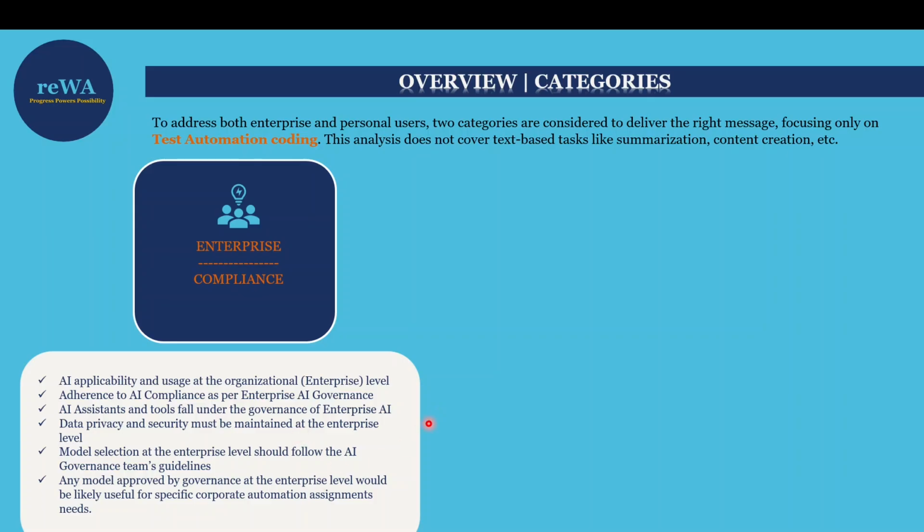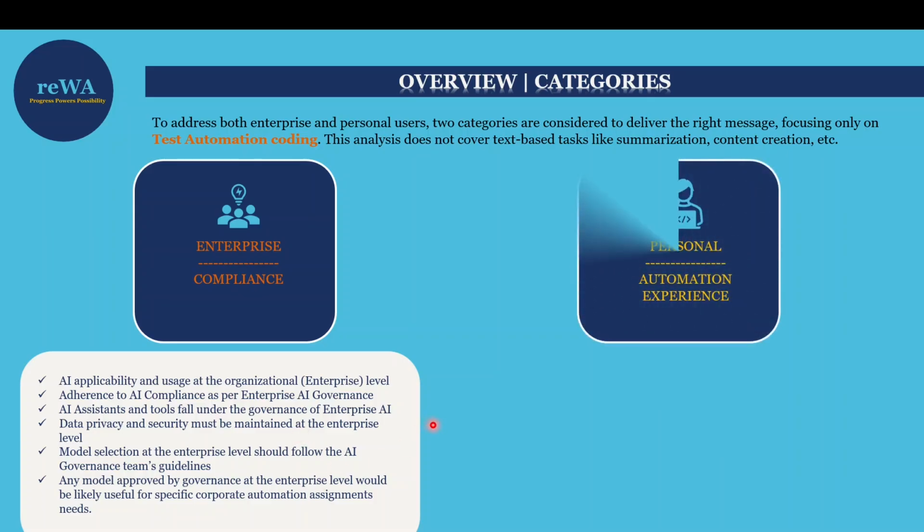Okay, now coming to the personal. The personal is up to you. You can buy your own single user license and use it on your personal laptop, or else you can stick to the free license, and you will be within the limit. If you cross the limit, then you'll be allowed only after 24 hours again. Okay, but in personal use also, we do not have any kind of enterprise level protocols, but at the same time, for the data that we are sending to the particular AI model as a prompt, you have to be very careful, and you can mask different kinds of information.